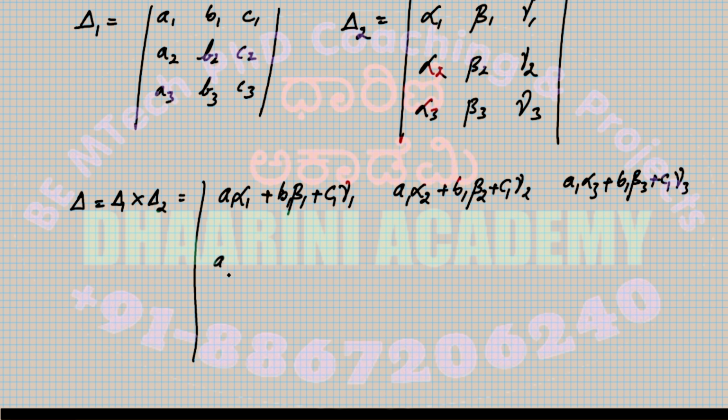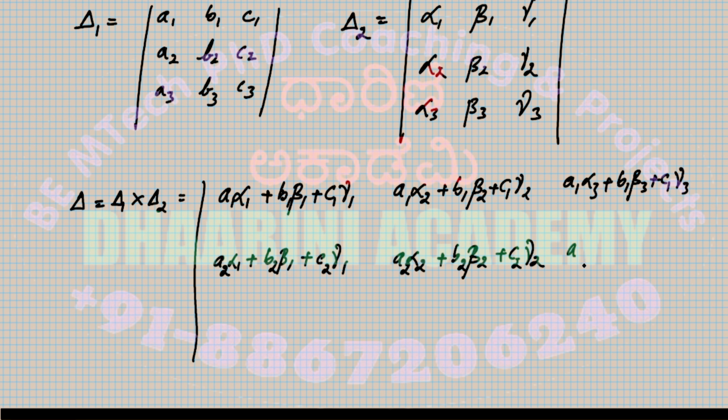Second one: A2 alpha 1 plus B2 beta 1 plus C2 gamma 1. Then A2 alpha 2 plus B2 beta 2 plus C2 gamma 2.